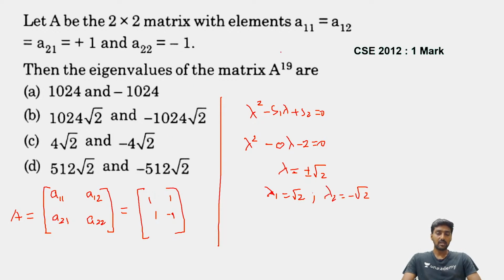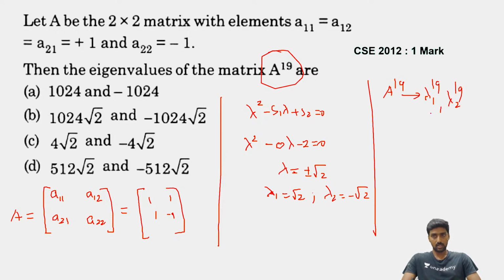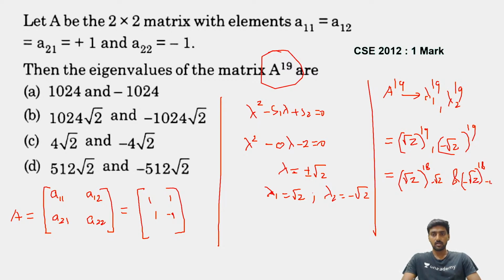What will be A power 19? The eigenvalues of A power 19 are lambda 1 power 19 and lambda 2 power 19. That means root 2 power 19 and minus root 2 power 19. So we can write root 2 power 18 into root 2, and minus root 2 power 18 into root 2.